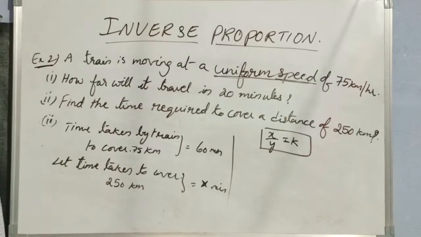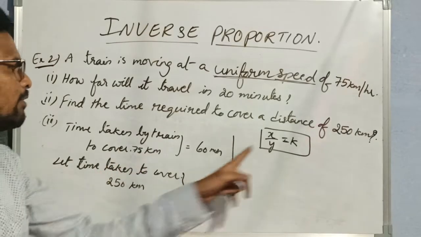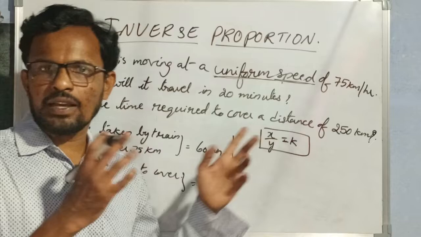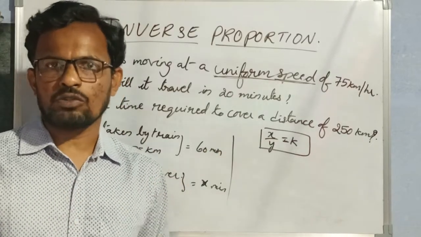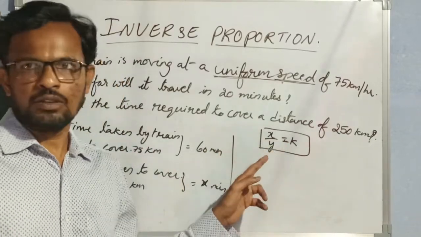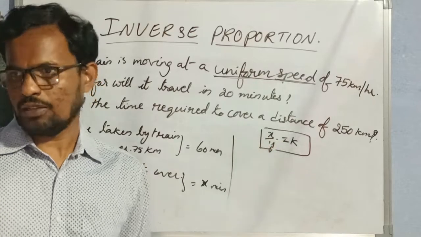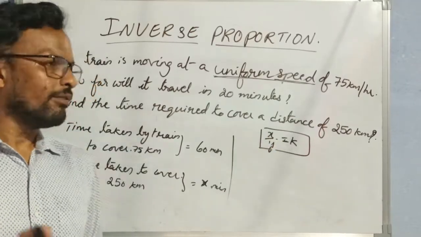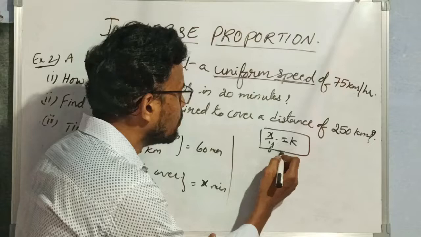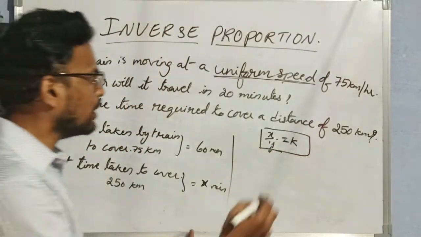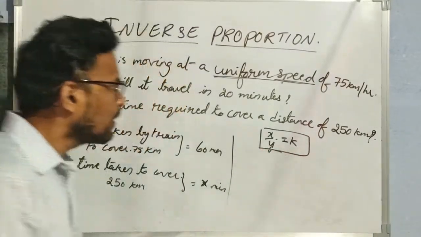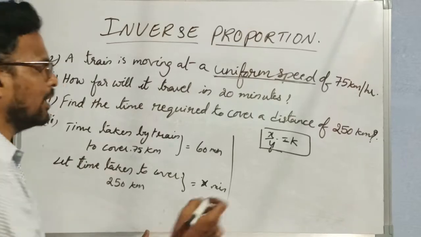Clear? So by understanding the question, whenever you write x by y is equal to k, the examiner will know, yes, you have understood the concept. That's why you have written this. By seeing this, they will get an impression. That's why wherever formulas are applicable, always use the formulas so that you can get an impression. Clear? So x by y is equal to k.